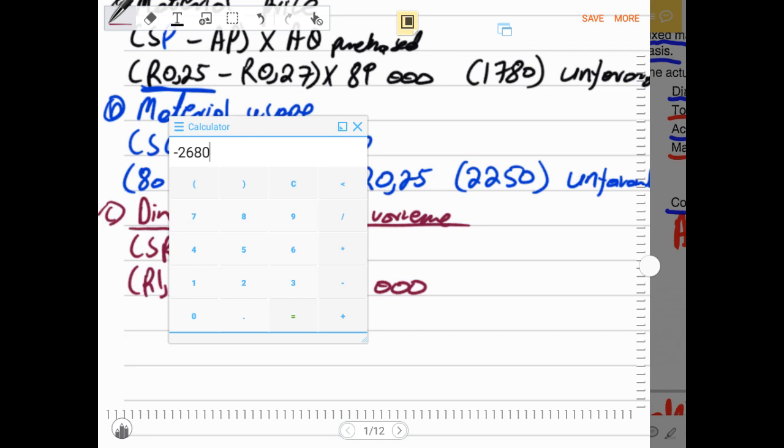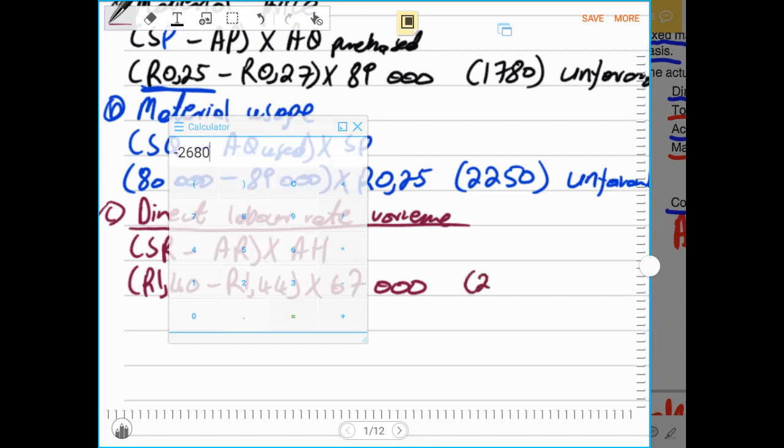The 2,680 tells us that this variance is unfavorable, negative 2,680.